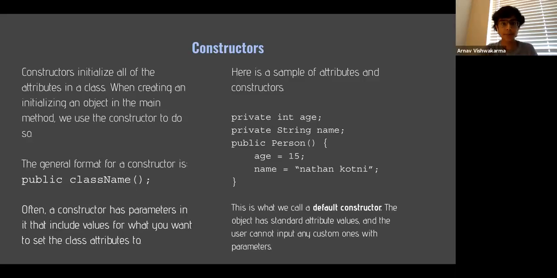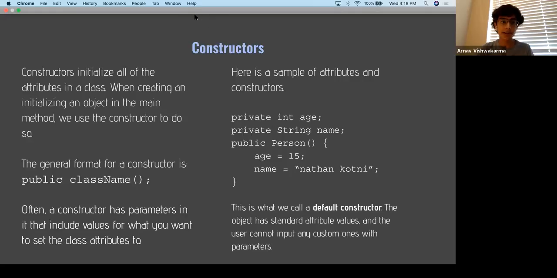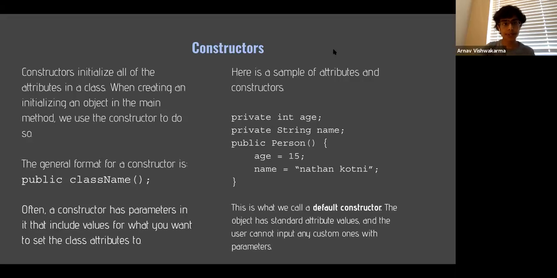All right, so constructors basically initialize all of the attributes in the class. When creating and initializing an object in the main method, and we'll talk about the main method later, we use the constructor to do so. Looking at the general format for a constructor, we have public, which is the access modifier, meaning we can access the constructor from other classes.